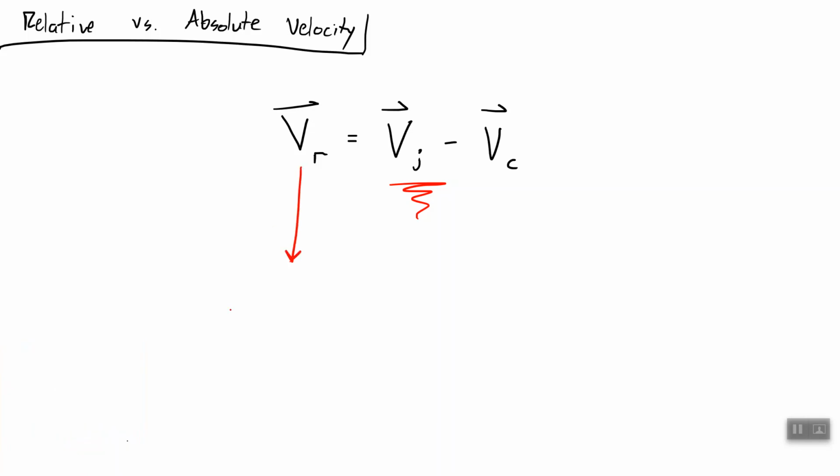So VR, this is the relative velocity, and this is measured with respect to the control volume. I'm going to define them in words, then we'll use an example.